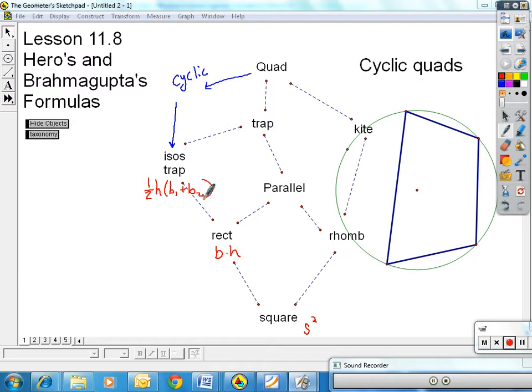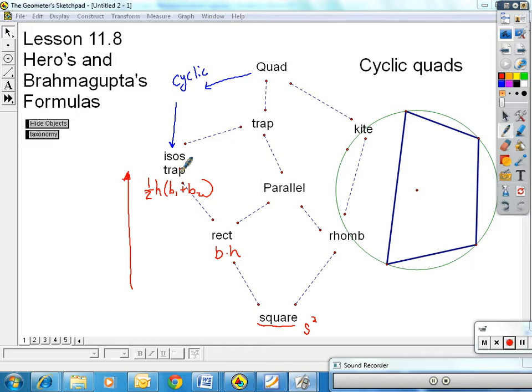Now notice what's happening as we move up the taxonomy. When we move up the taxonomy, we have fewer constraints. Notice how constrained a square is. A square is very constrained. It has to have all of the properties of a rectangle and more. And a rectangle is even less free than an isosceles trap.